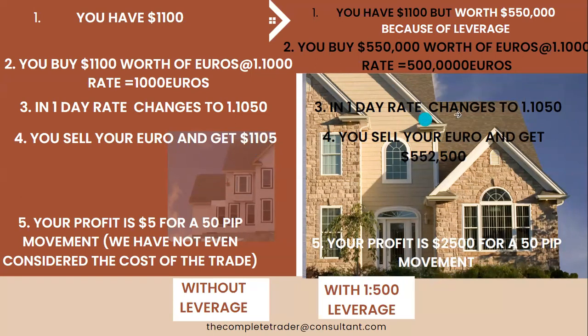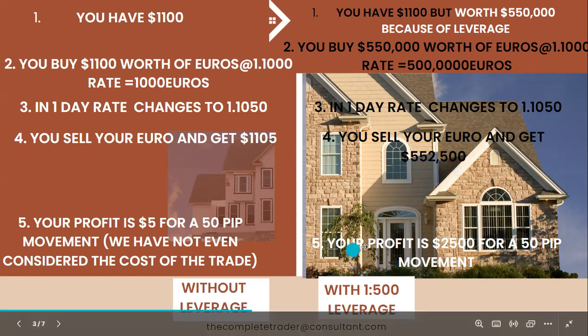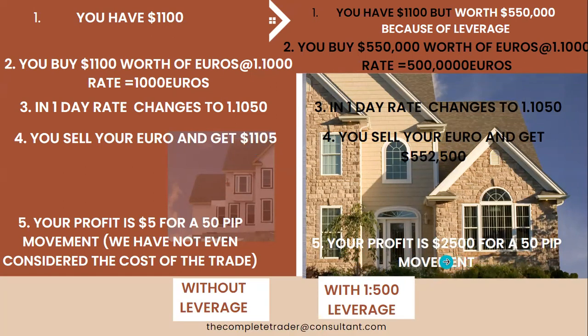Now, in one day, if the exchange rate moves the same way, which is 50 pips to 1.1050, you will sell your euro and get $552,500. That is an actual profit of 2,500 for a 50 pip movement, and you started off with $1,000.